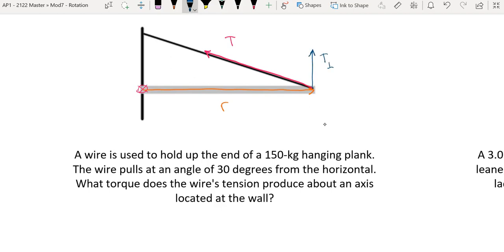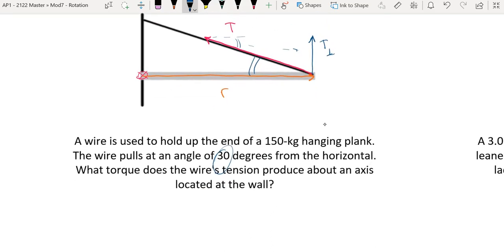Easier to identify T perp than it is to do R perp. For me, it is. All right. And if this angle is that 30-degree angle, then that's the same angle as this angle, and then T perp is opposite that angle. So this torque created by the tension force, what I would do in this case is R times F perp.